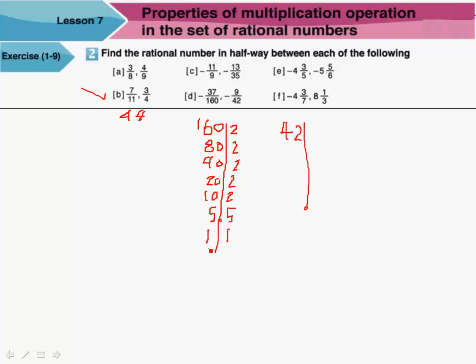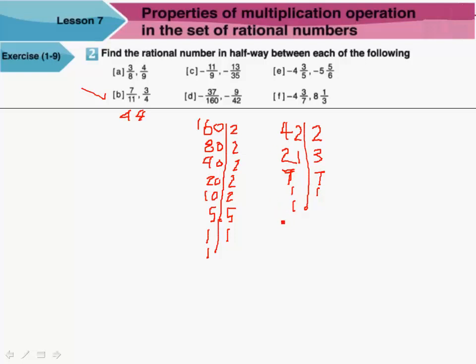And 42 divided by 2 gives 21, divided by 3 is 7, and 7 divided by 7 is 1.